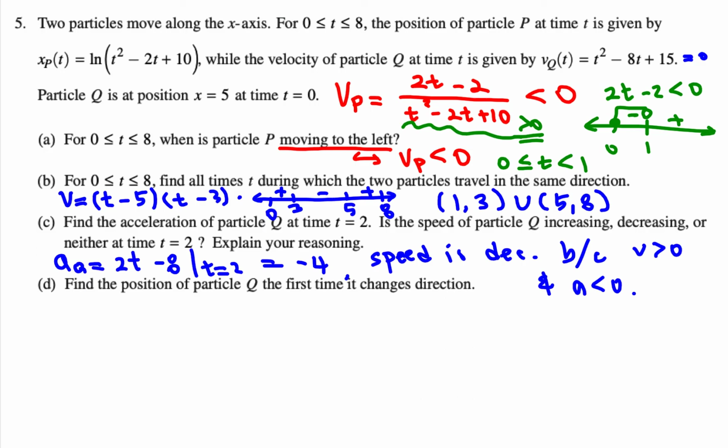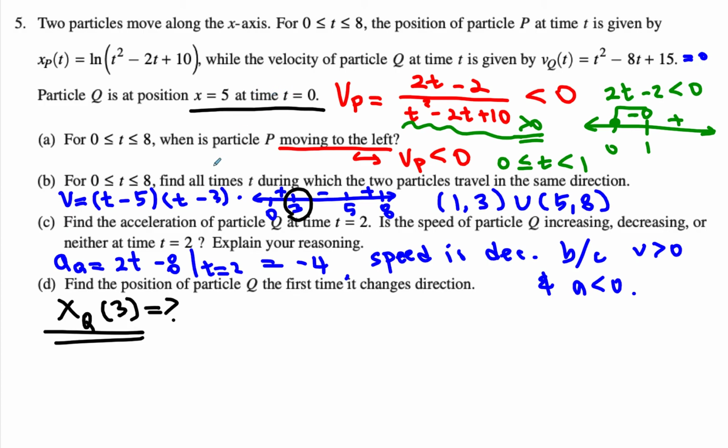Let's look at part D here. Find the position of particle Q the first time it changed direction. If it changed direction, that means velocity has to go from positive to negative or negative to positive. So in our case, it would be 3 right over here. So we're looking for x of Q of 3. But we realize that x of Q of 0 is equal to 5.